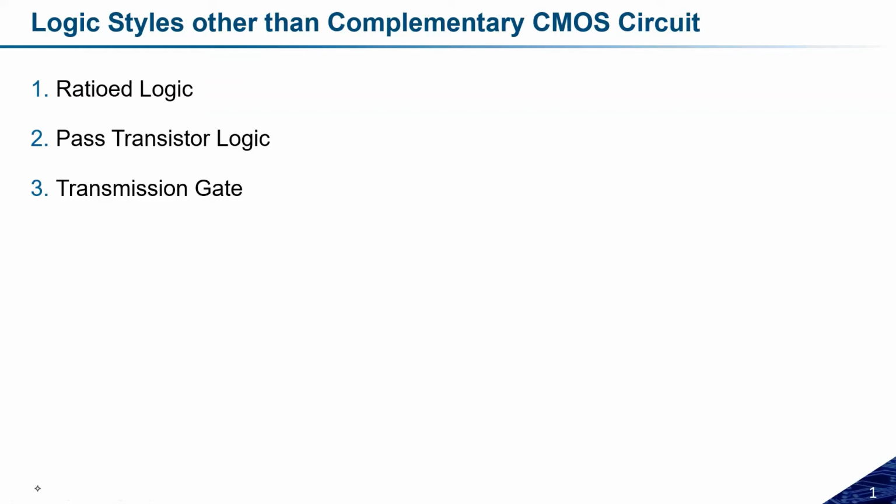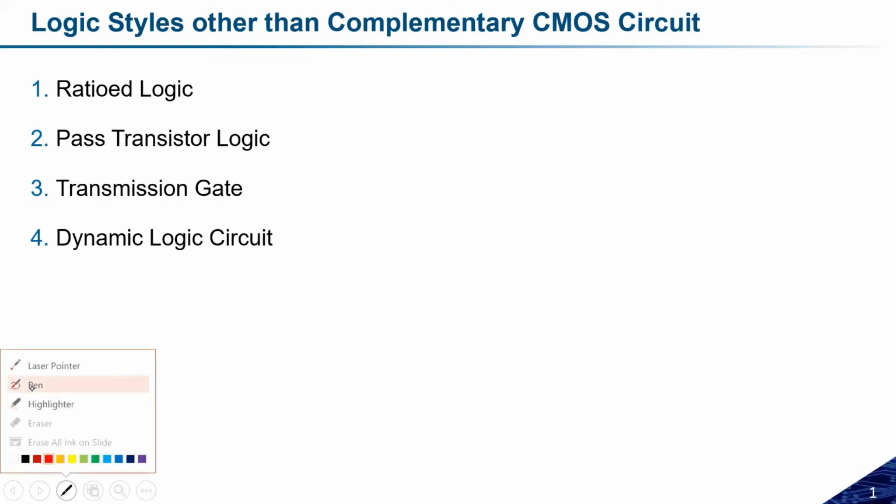This transmission gate logic is the solution for the problems associated with the pass transistor logic. The other kind of logic style is the dynamic logic circuits. So there are four possible logic styles that can be considered.